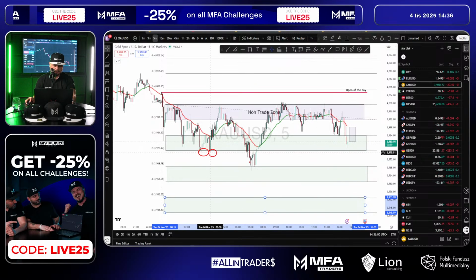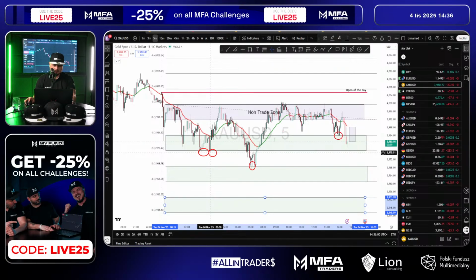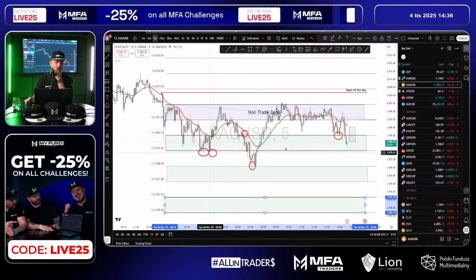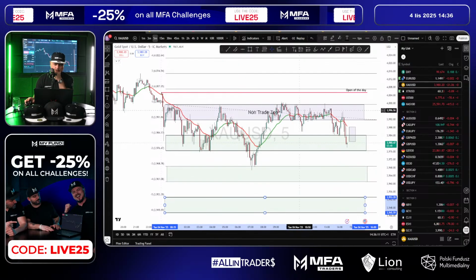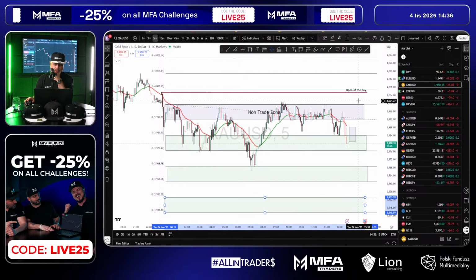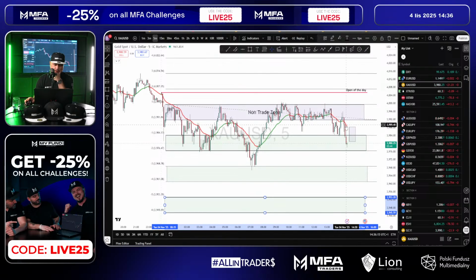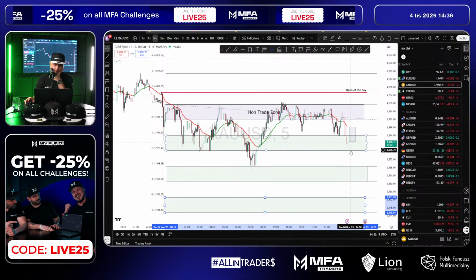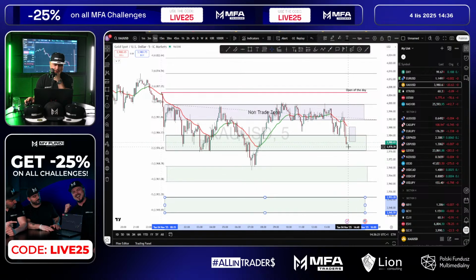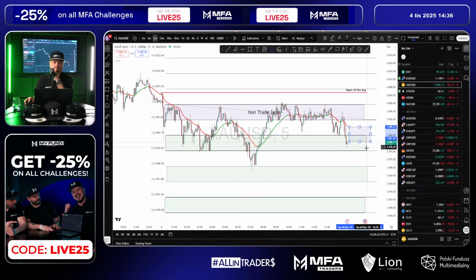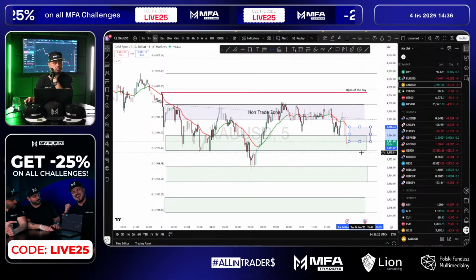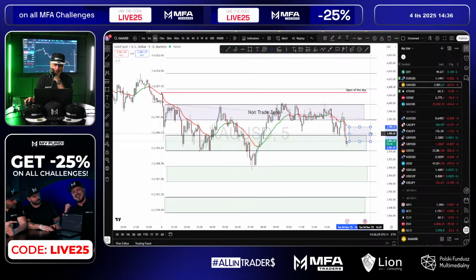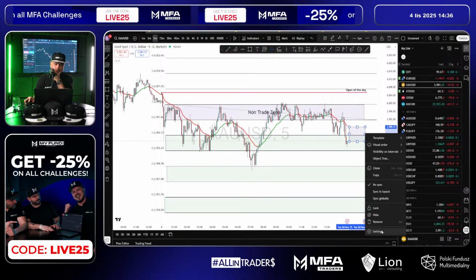Perfect. Very nice. So we still can come back into the open of the day, which is above our non-trade zone. The price closed under the pullback zone, which is good. It's okay. I'm going to leave it for now.